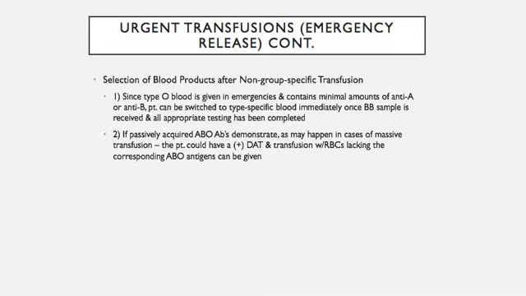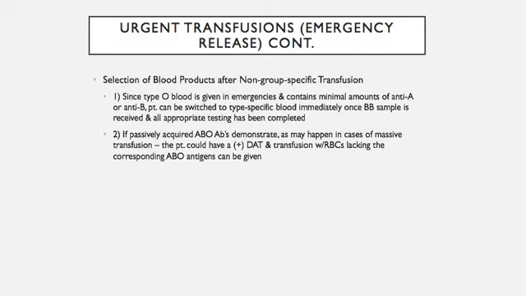Selection of blood products after a non-group specific transfusion. Since type O blood is given in emergencies, since it's compatible with every blood type, and it contains minimal amounts of anti-A or anti-B, the patient can be switched to type-specific blood immediately once you've received that blood bank sample and you've done all that appropriate testing.